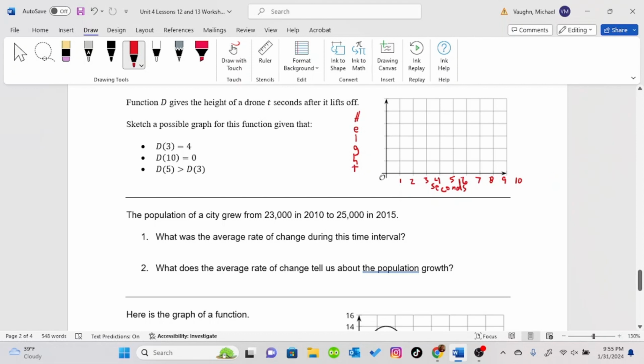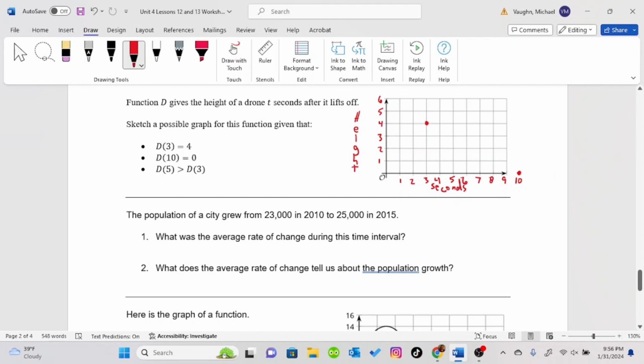We need D of 3 to equal 4. So we go over to 3, we go up to 4, and we put our first point. Now we need D of 10 to equal 0. So we're going to go over to 10, and we're going to put a point at y equals 0.